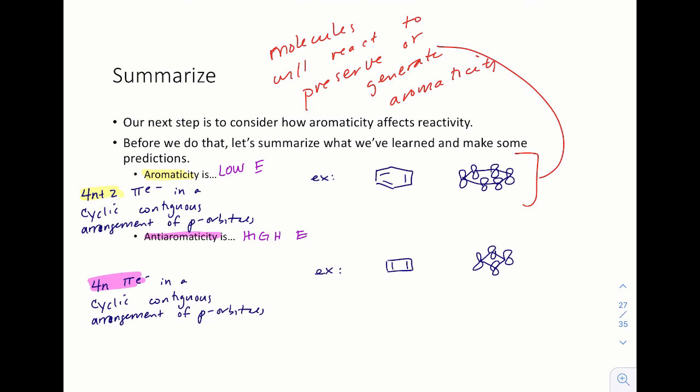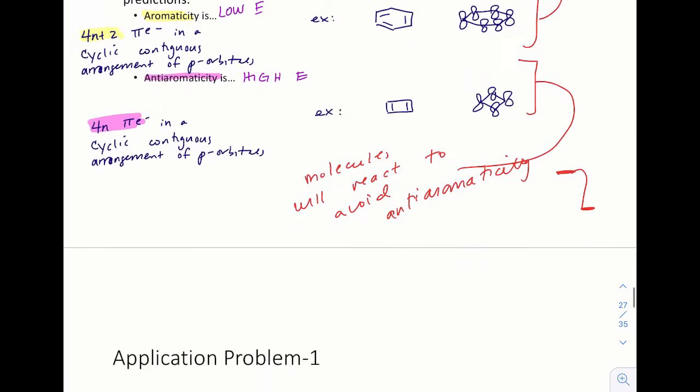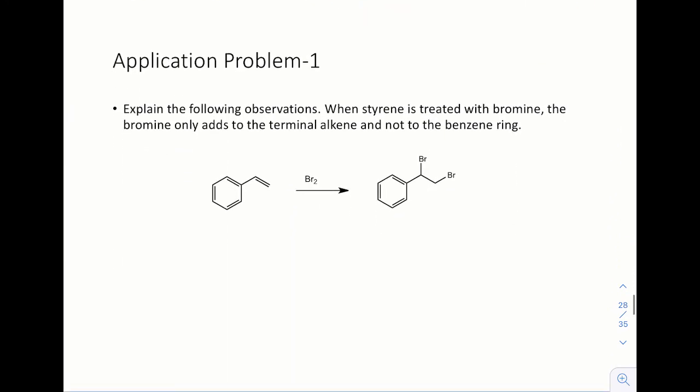That's just another way of saying they'll react to become lower energy, right, or remain low energy. We can also predict that molecules will react to destroy or avoid anti-aromaticity. There's a little bit of personification there, but you get the point. Avoiding anti-aromaticity just means also going to lower energy, since anti-aromatic is high energy and anything else pretty much will be lower energy. Let's apply these principles now to a few application problems.